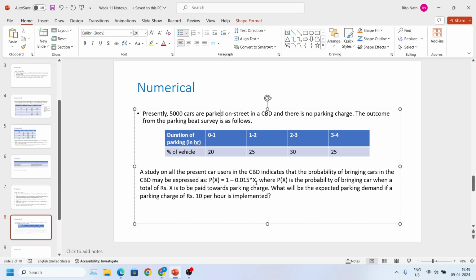X is 10. But if we are in the second hour, then it's 10 times 2, because the per hour charge was 10. If you are parking for 2 hours, that would be the probability of bringing a car when rupees 10 per hour is implemented in the second hour.